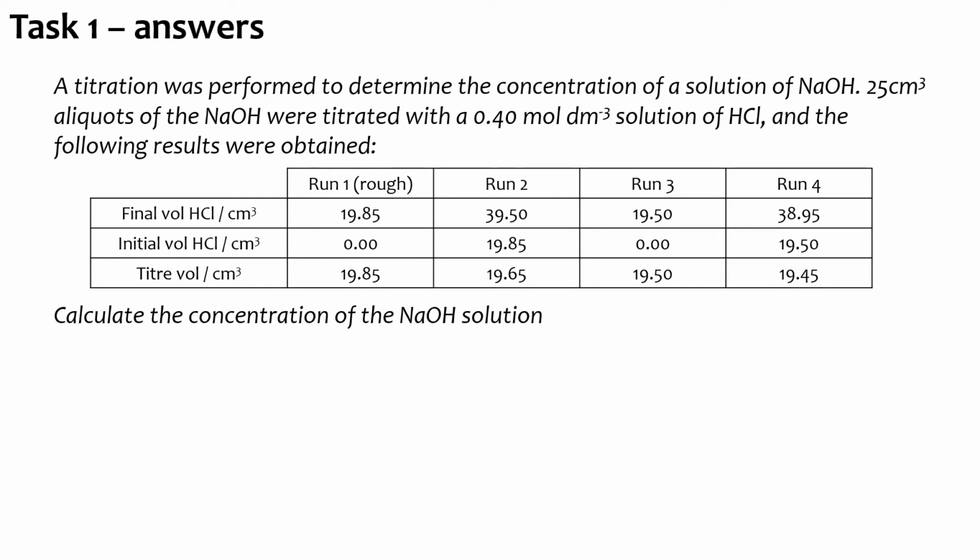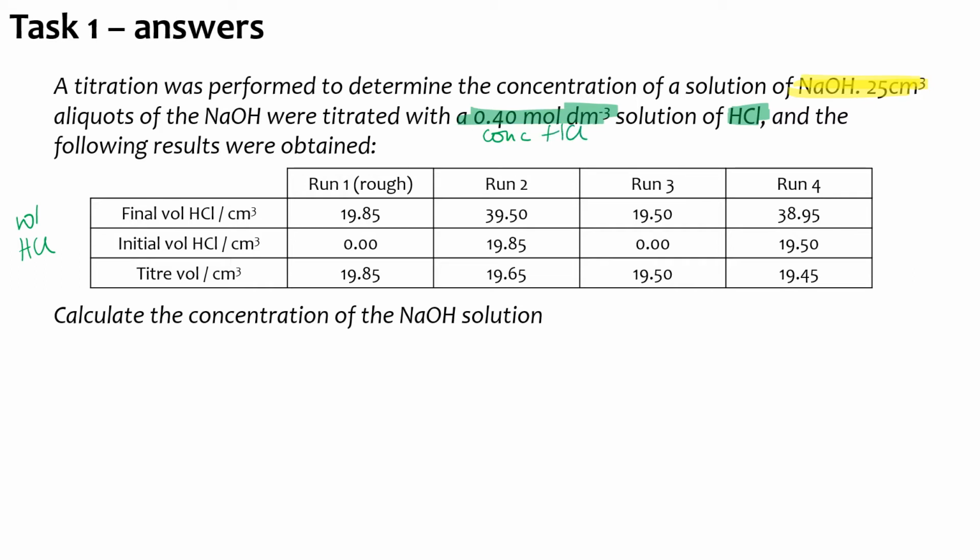Okay, task 1 answers. So a titration was performed to determine the concentration of a solution of NaOH. 25 centimetre cubed aliquots of the NaOH were titrated with a 0.4 mole per decimetre cubed solution of HCl, and the following results were obtained. So the table is showing us volumes of HCl. So I'll put that in green just to go with the fact that we have the concentration of HCl just here.